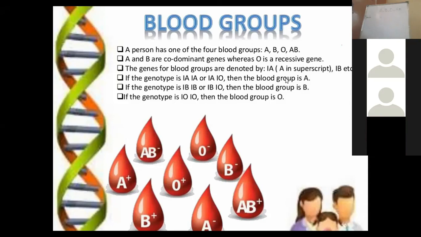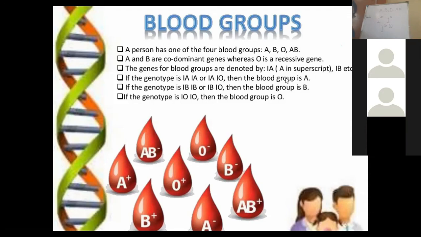If I talk about when the blood group will be O, blood group O will be only if the male contributes O as well as the female contributes O. Only then will the progeny have O as blood group.